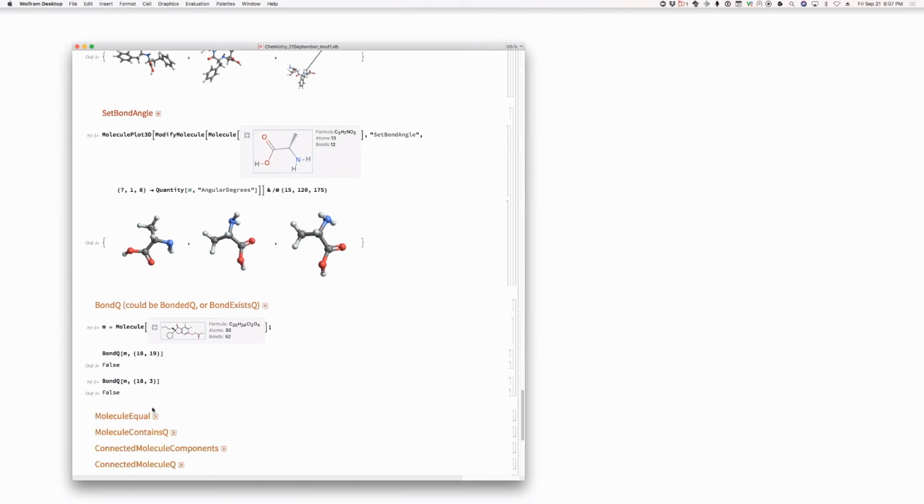What? Underscore, what are you saying? Bond list, chemical bond list of M, comma what? So comma blank, comma 18, 3? No, so blank is the head in that case.